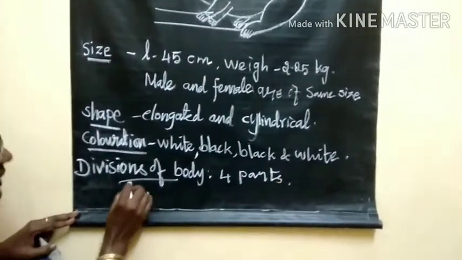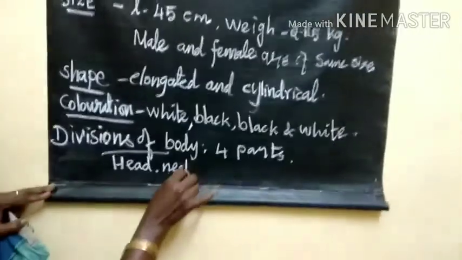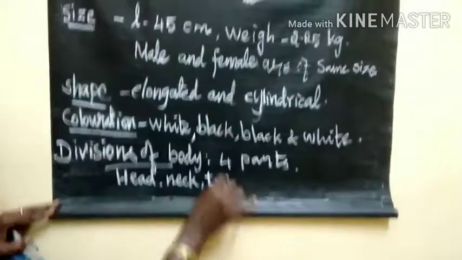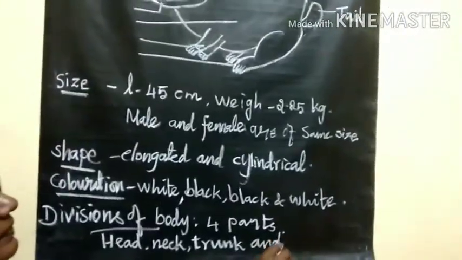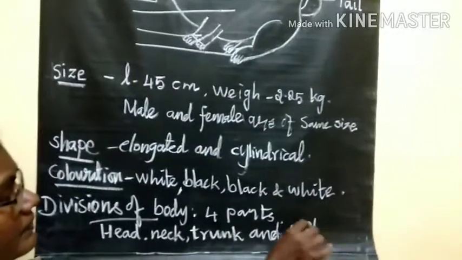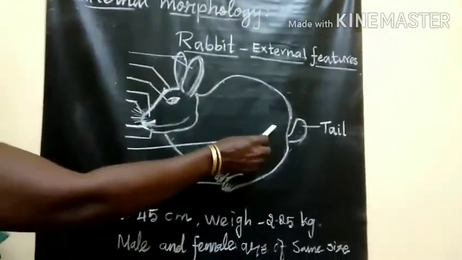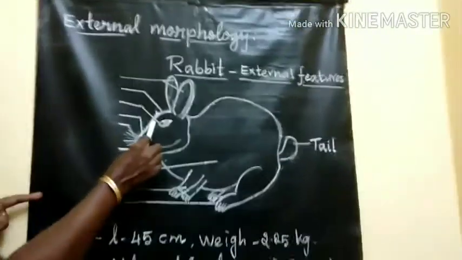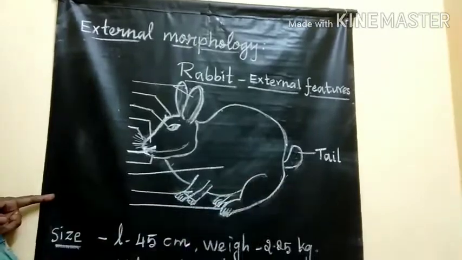They are head, neck, trunk and a small tail.